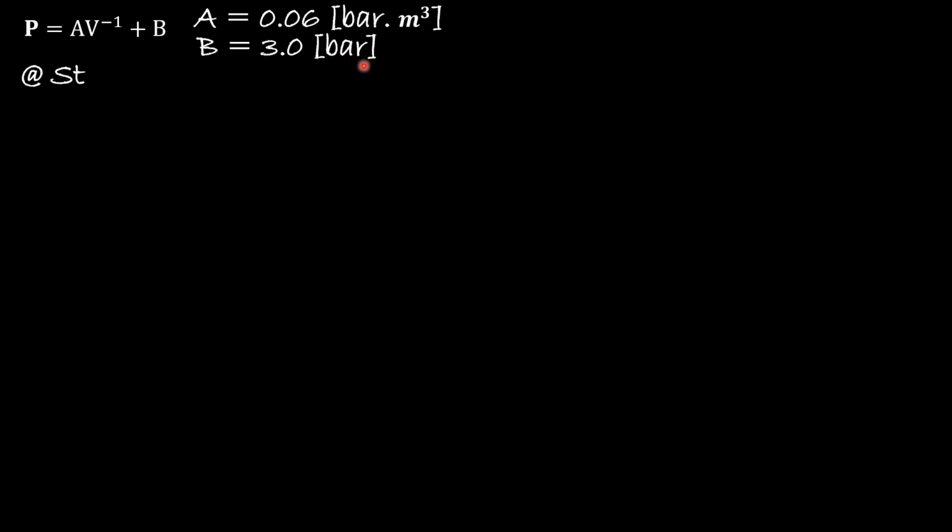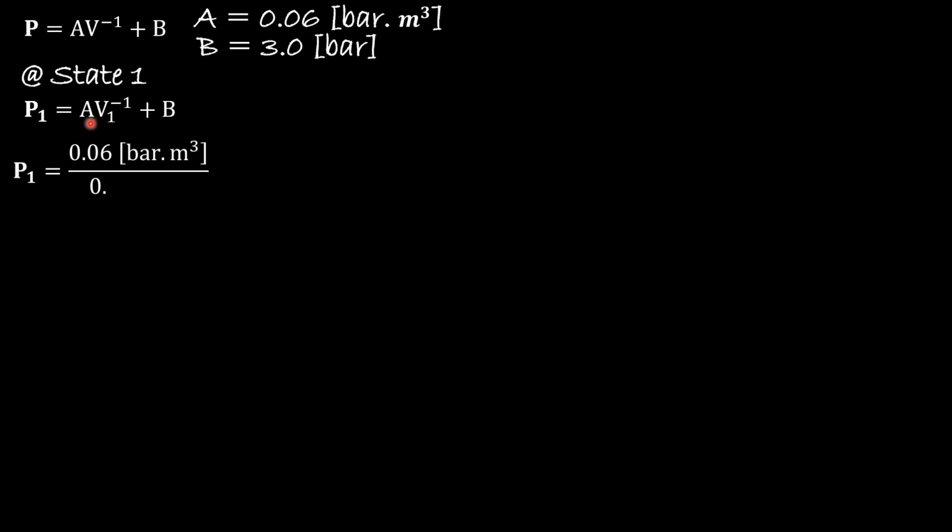So this is the expression that's given to us. And these are the given constants. At state 1, this is the equation. Pressure 1 equals A V sub 1 to the power minus 1 plus B. So now let's plug in what we have.